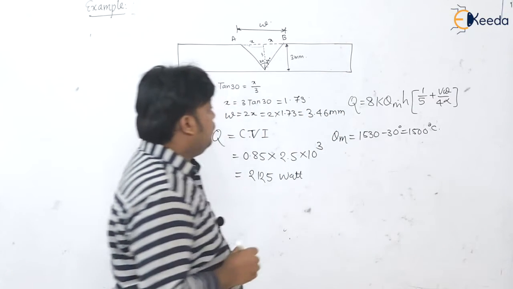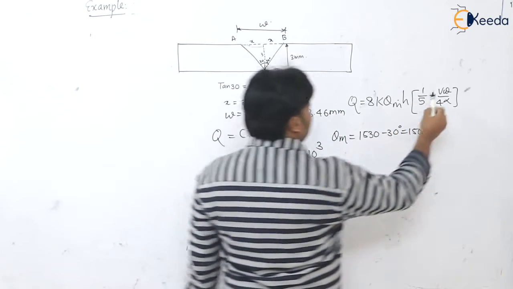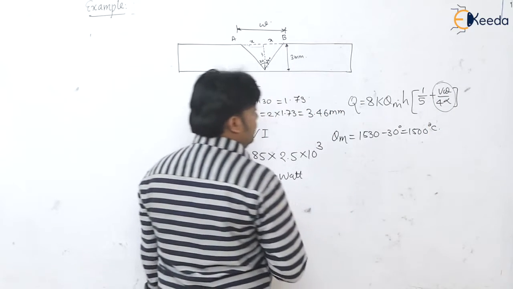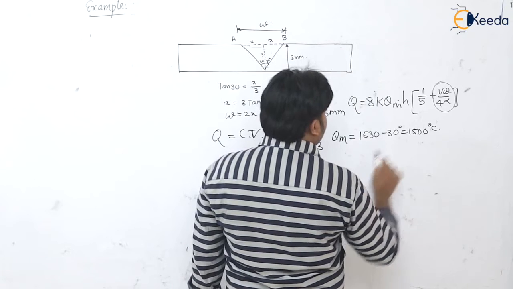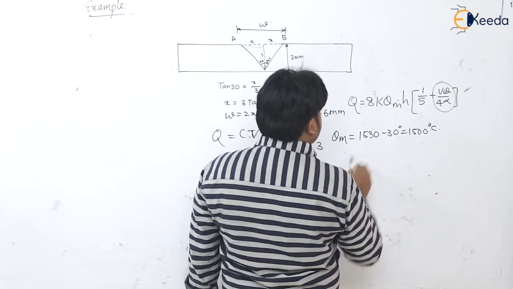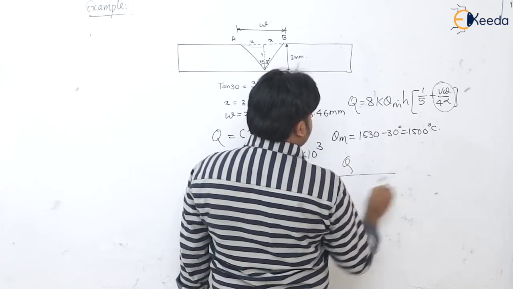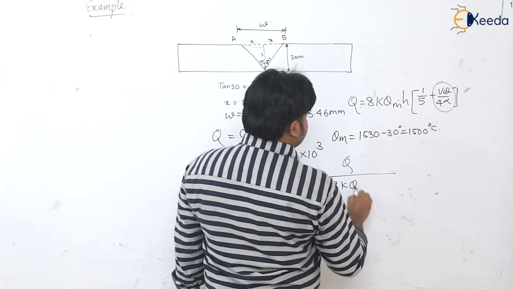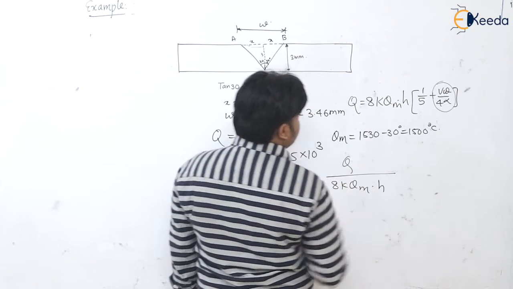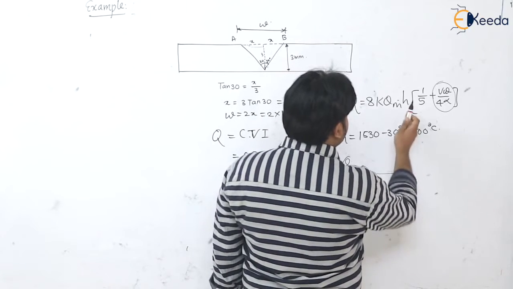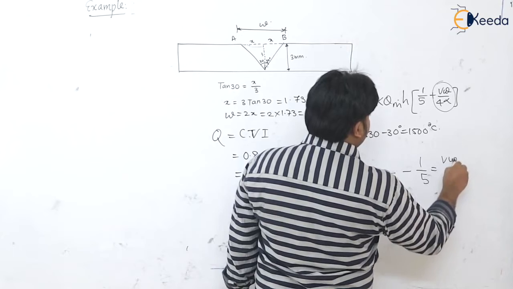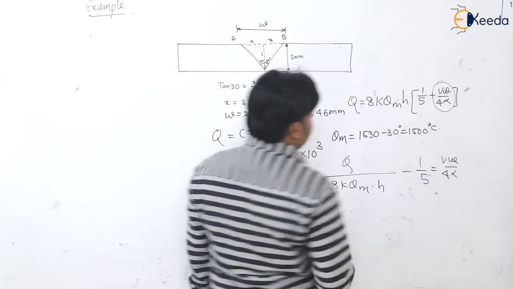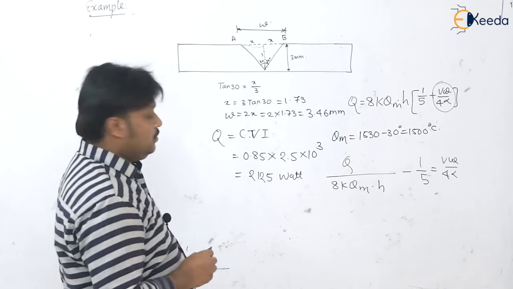Now first of all I will calculate this value so that it can be easier. So Q divided by 8K theta m into H, minus 1 upon 5, is equal to VW divided by 4 alpha. Put the values.